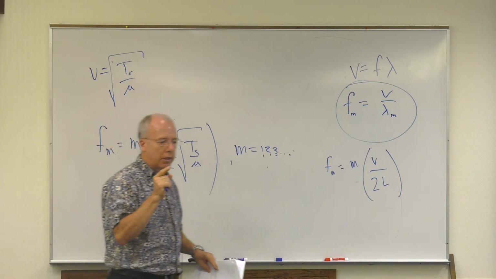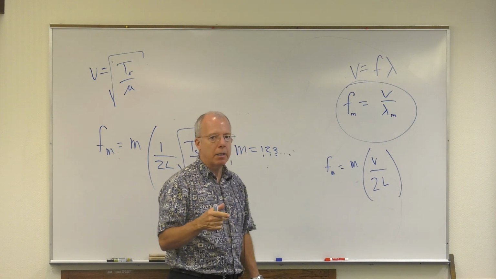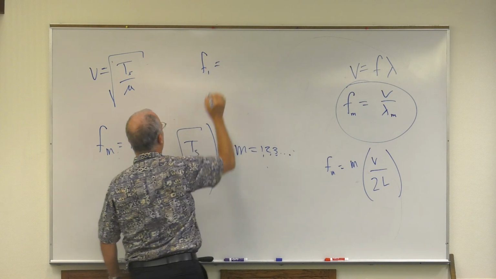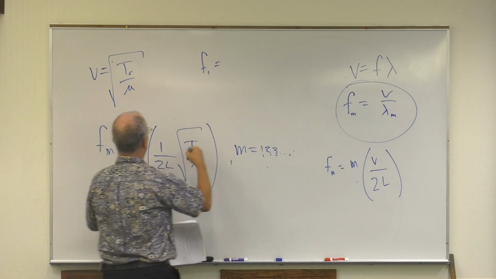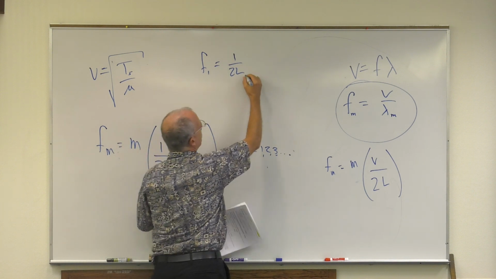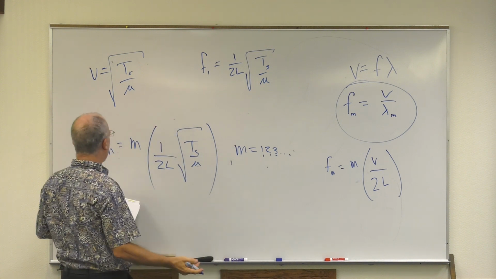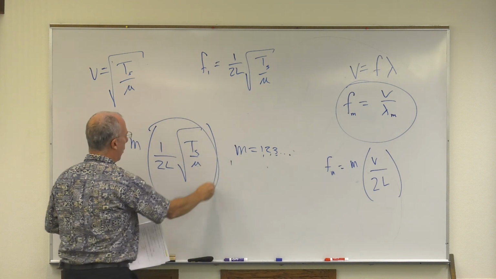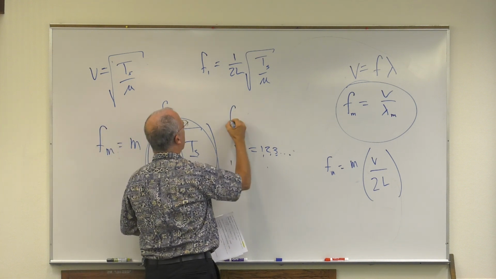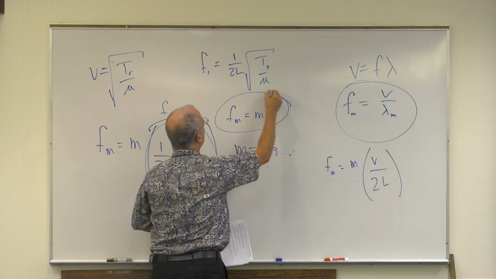If you listen carefully to that YouTube video, the narrator talked about a fundamental frequency. The fundamental frequency is F1. That's just 1 over 2L times the square root of T over mu for a string. So this is F1. Then we can just say that Fm is m times F1.